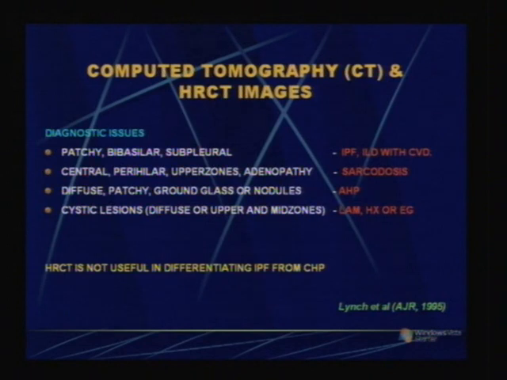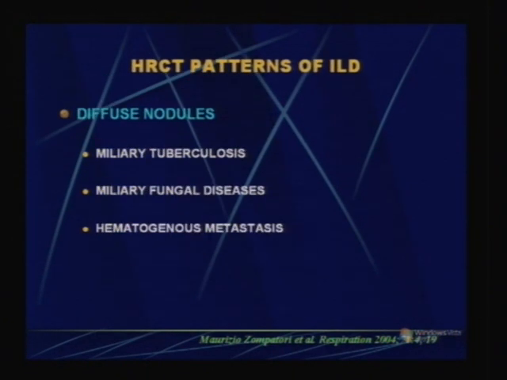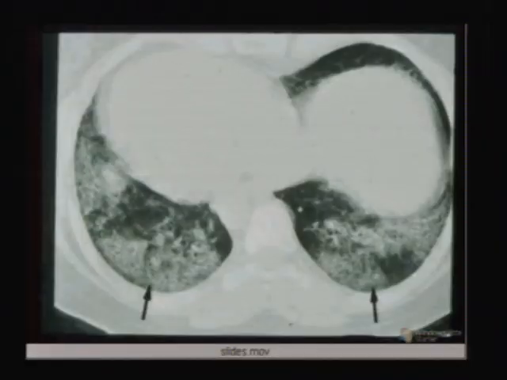Then there are conditions in which there is no particular predilection for a particular zone. There is a diffuse involvement, and there is a patchy and ground glass appearance along with nodules. These are the conditions which are associated with granulomas, and those associated with involvement of the airspace. And of course, the cystic lesions which we see in lymphangioleiomyomatosis and histiocytosis X. So I'll show you some important examples in these conditions.